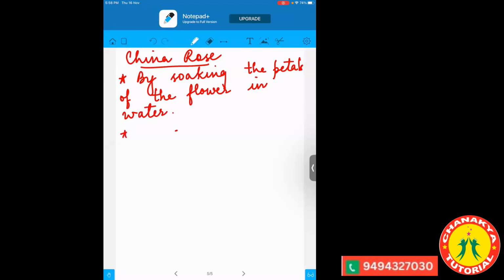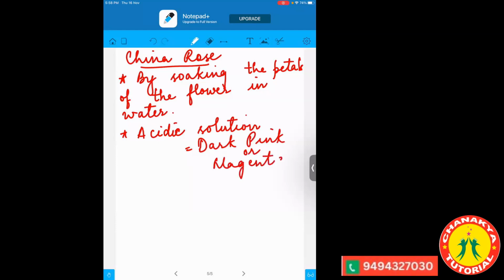Now when we talk about the acidic solution, they will change into dark pink or magenta color. While in basic solution, they will turn into green color.